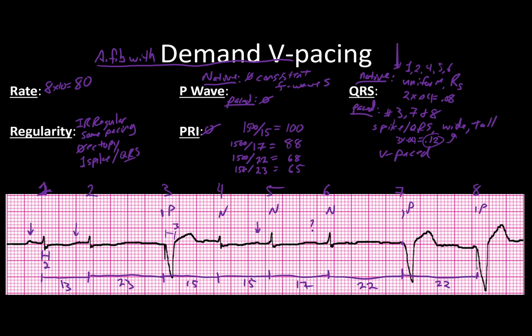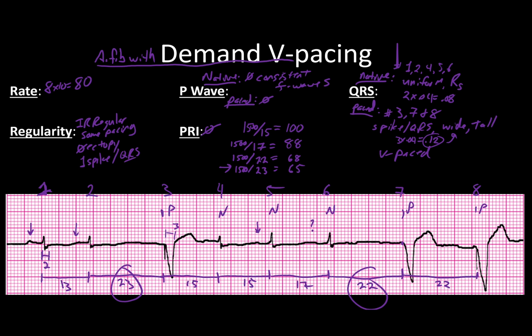Well, it tells us that as long as a patient, if you look at these here, between 2 and 3 and 6 and 7, that if the patient's heart rate drops below, looks like 65 is probably the magic number, then the pacemaker will kick in and maintain a rate of around 65 to 68, somewhere in there.